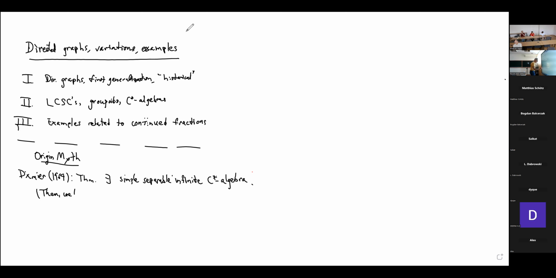We had the Toeplitz algebra, which is separable and infinite, but not simple. And the Calkin algebra, which is simple and infinite, but not separable. So this was actually an important theorem. Let's see what we had. And so his proof was very simple.